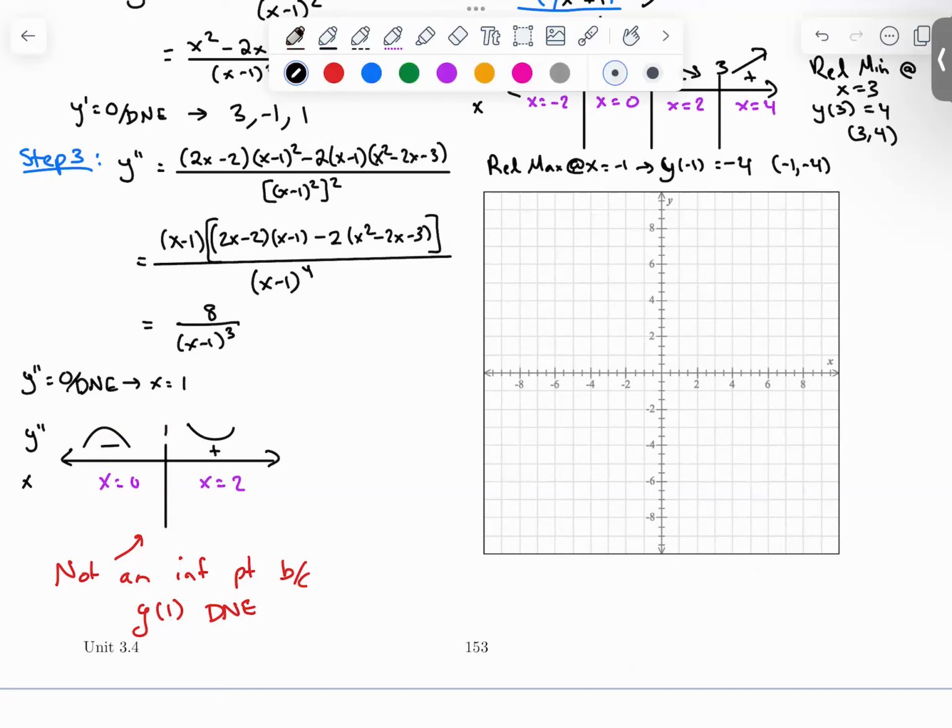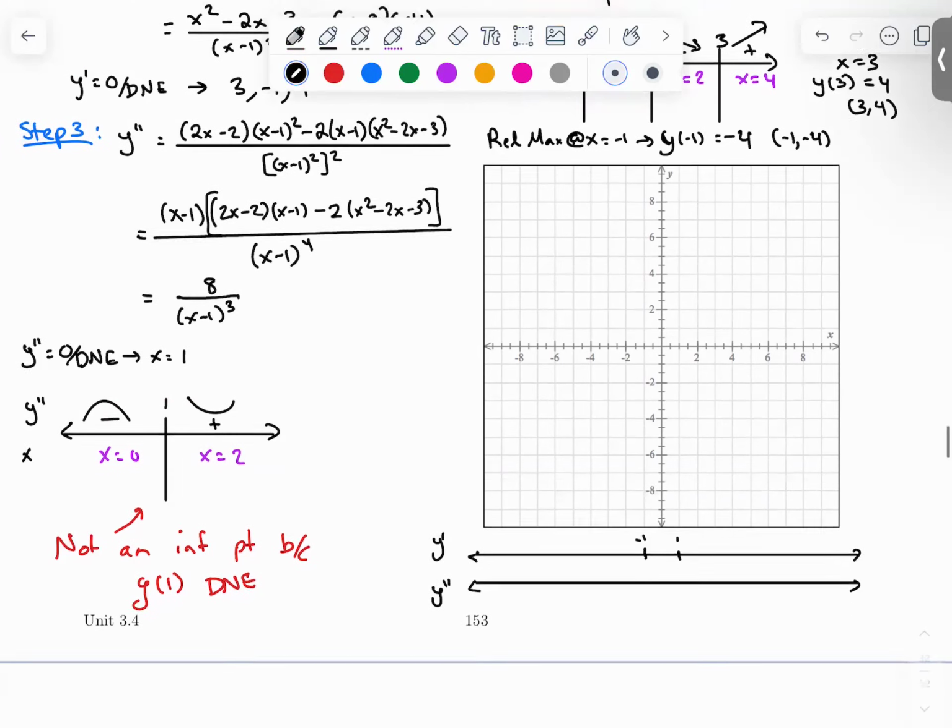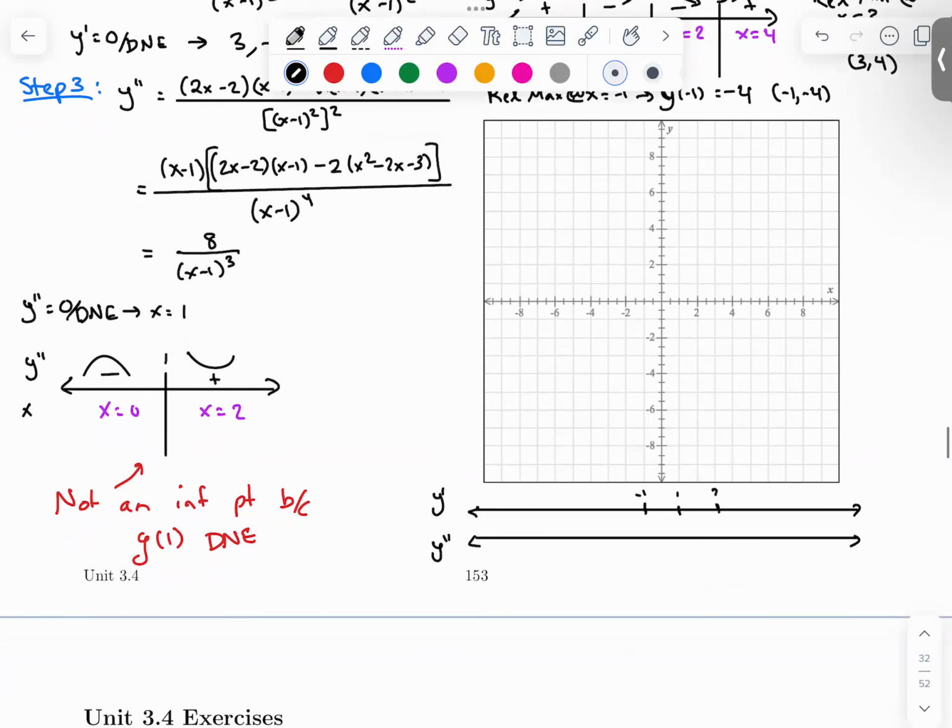Let's make our sign chart down below. Duplicate it and stack it right on top. And then y prime, y double prime. Let's plot all the important points, which were -1 right here, 1 right here, and then it was 3, which is right there.